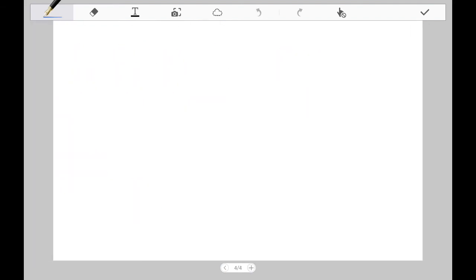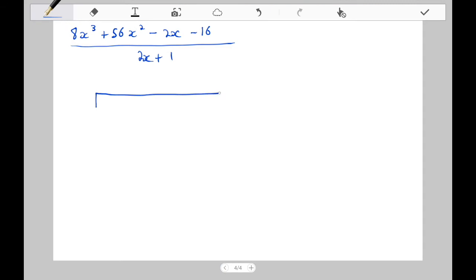Let's look at another example. We'll do this one a little bit quicker. We'll speed up slightly. Let's look at 8x cubed plus 56x squared minus 2x minus 16, all divided by 2x plus 1. Right, so we set our bus shelter up just like before.